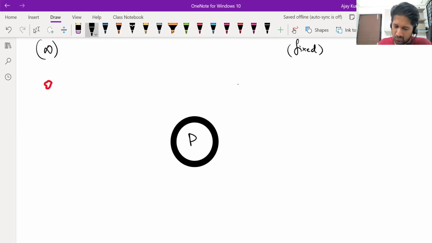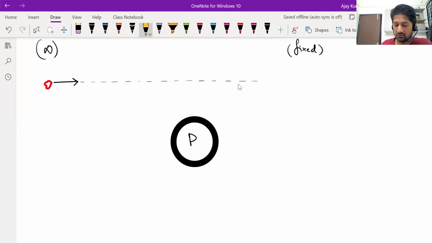But suppose the line of velocity of the asteroid is initially like this. Had there been no gravity, the asteroid would have gone straight. But the planet will exert gravitational force on the asteroid as it comes closer. As a result, the asteroid will deviate from this path.